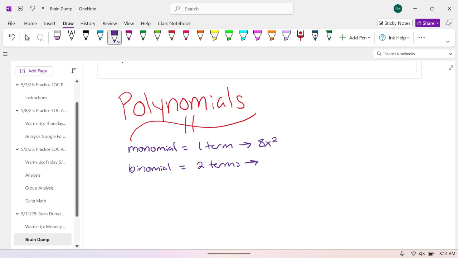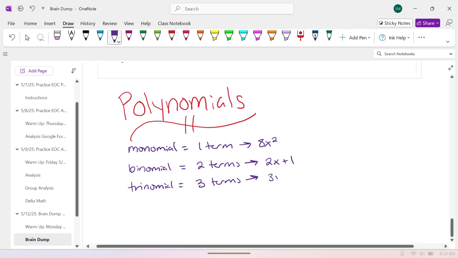So that can be 2x plus 1. Trinomial is 3 terms. So that could be 3x squared plus 4x plus 6.